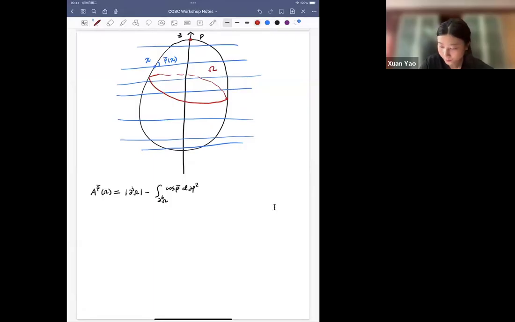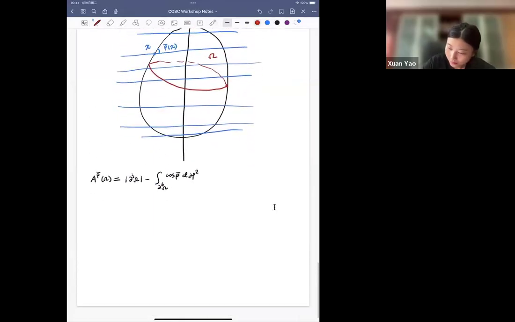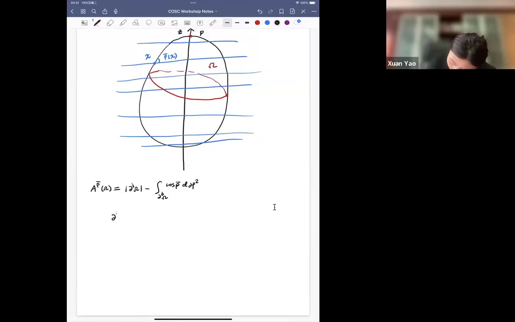Okay, so here partial I omega is defined as the interior of omega, basically this part. And partial B of omega is defined as the boundary of omega intersect with the boundary of M, okay.